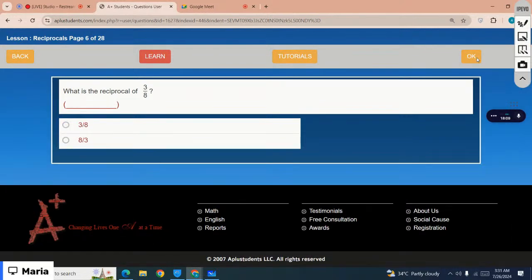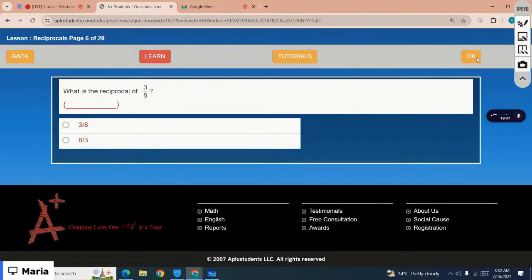What is the reciprocal of 3 over 8? That is 8 over 3.